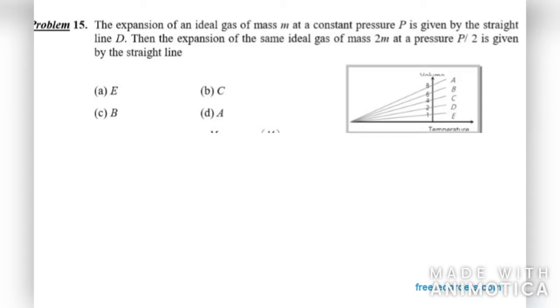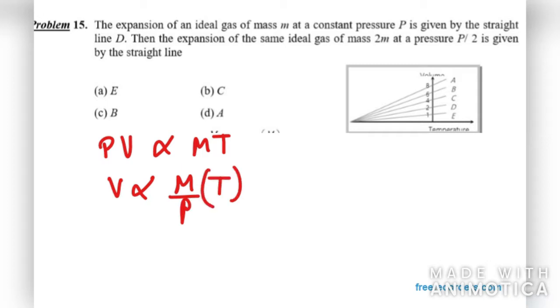Now, as you know that PV is directly proportional to m T, or you can write it as V is directly proportional to m over P times T. That means m over P defines the slope of the graph. As we have V over T, it is directly proportional to mass of the gas and inversely to pressure.